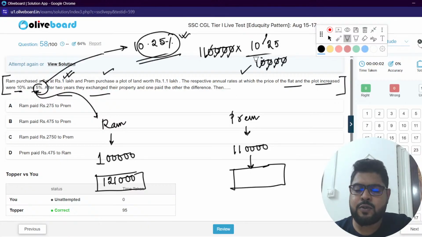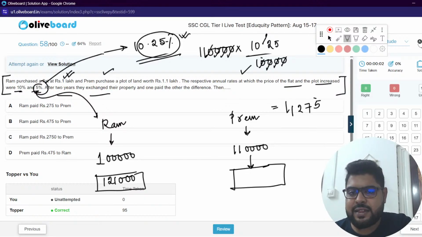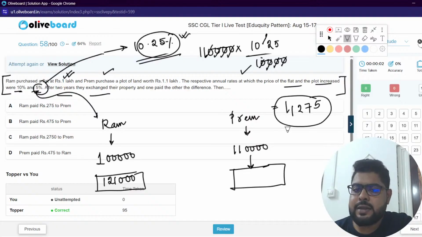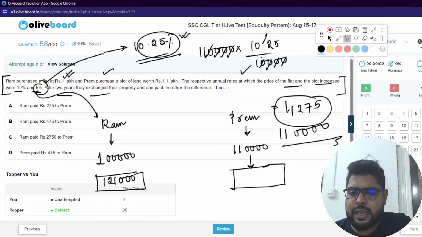The value will become 1 and 5, you write 5 plus 2, 7, 2 plus 0, 2, 0 plus 1 is 1. So 11,000 and this much increment. So on 1 lakh, 1, 2, 3, 4. So 5, 7, 2, 1, 2, 1. Sir, 1, 2, 1, 2, 7, 5.